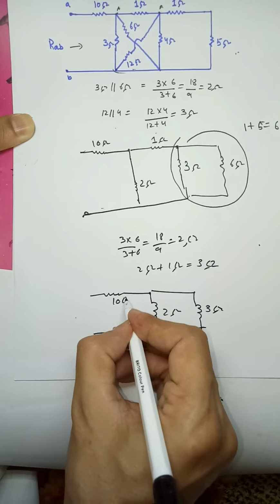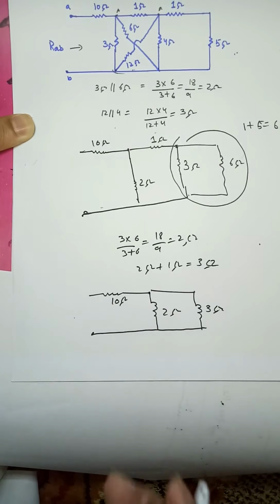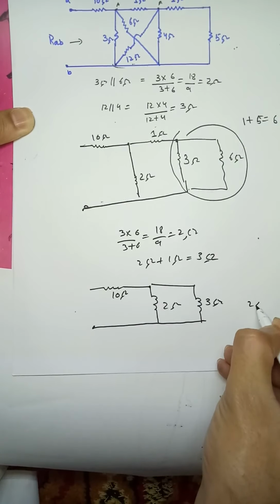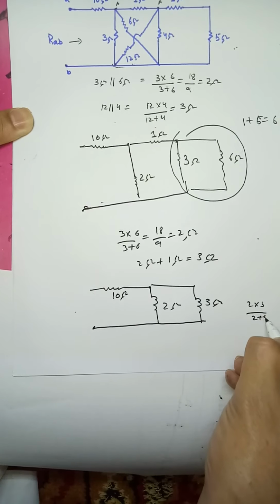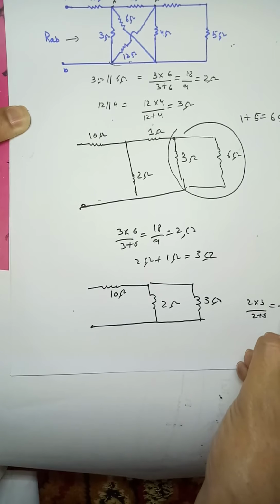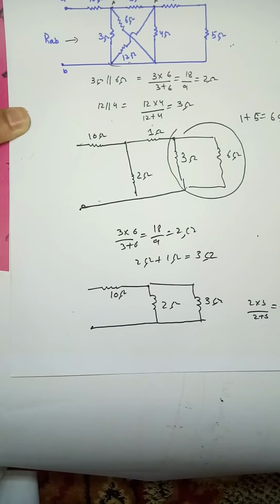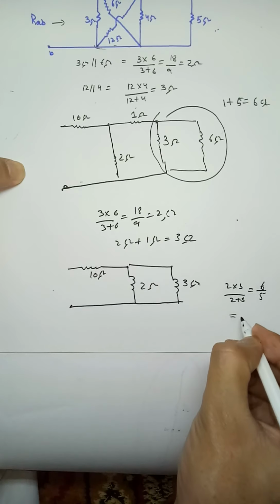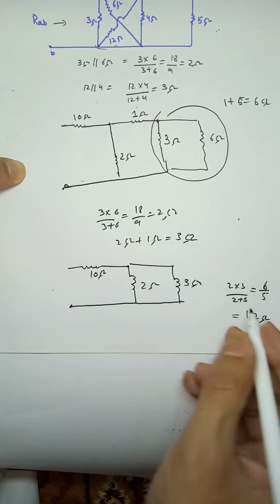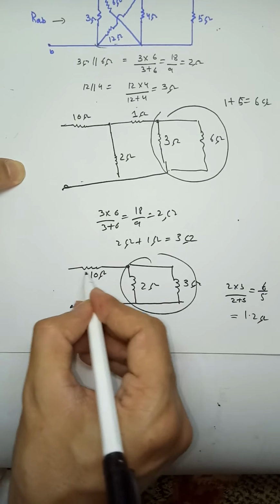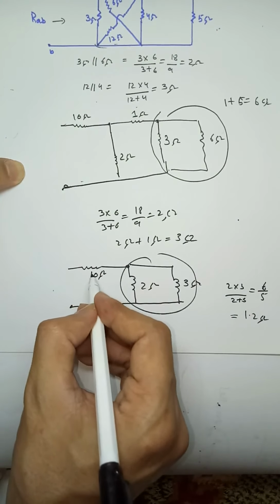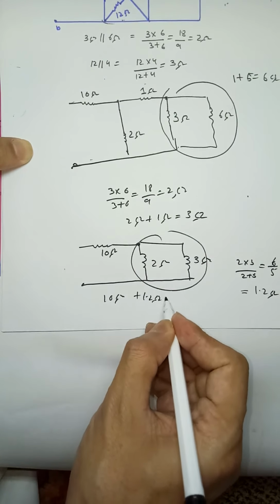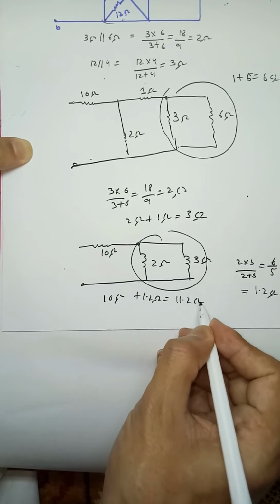And this one is 10 ohm, and again these two resistors are in parallel, so 2 times 3 divided by 2 plus 3, 6 divided by 5, so 6 divided by 5 equal to 1.2 ohm, and 1.2 ohm is then in series with 10 ohm, so 10 ohm plus 1.2 ohm, you can get 11.2 ohm.